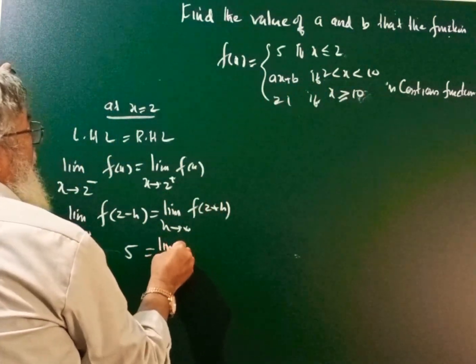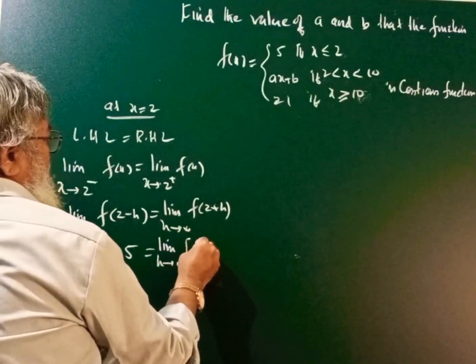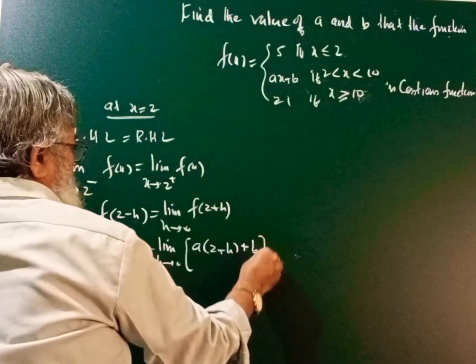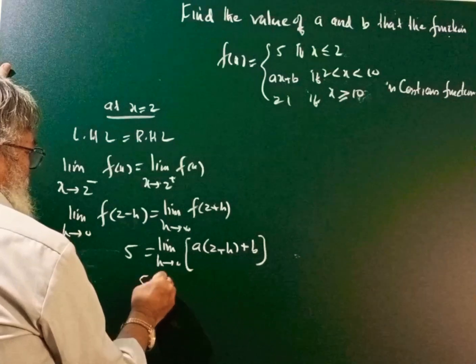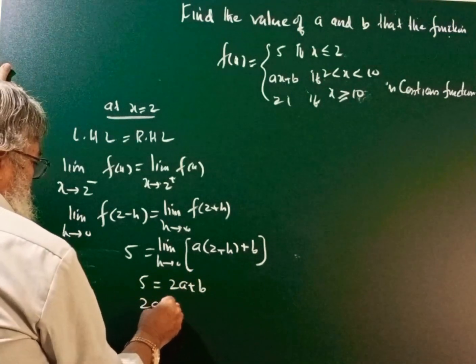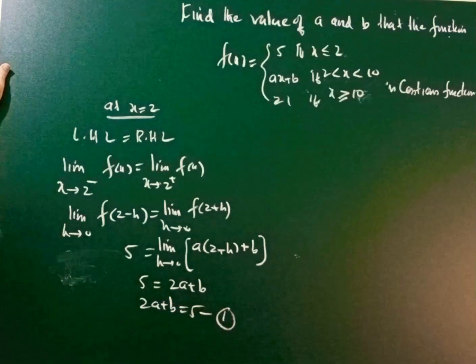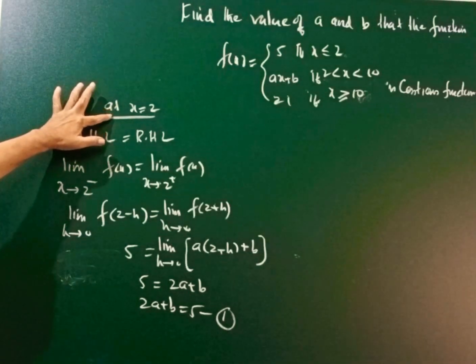So limit h tends to 0, a into 2 plus h plus b. Now as h tends to 0, we get 5 is equal to 2a plus b, or 2a plus b is equal to 5. We get one relationship between a and b, that is 2a plus b is equal to 5, for x is equal to 2.